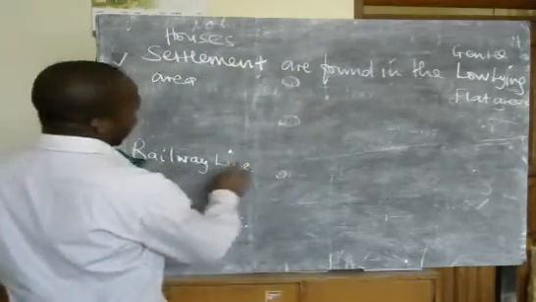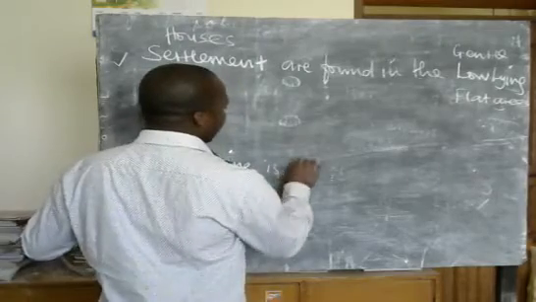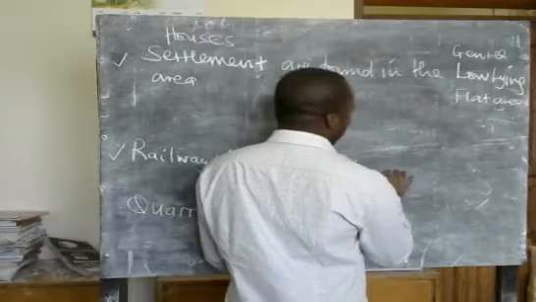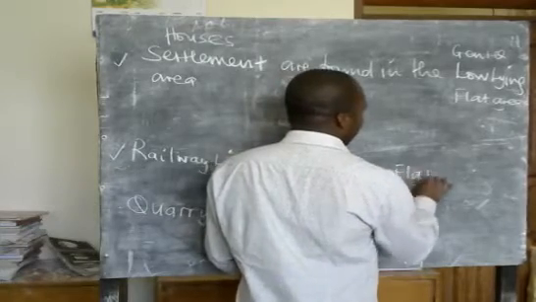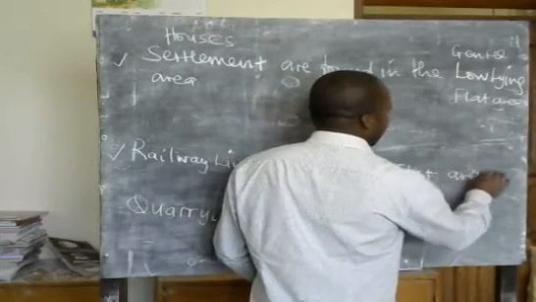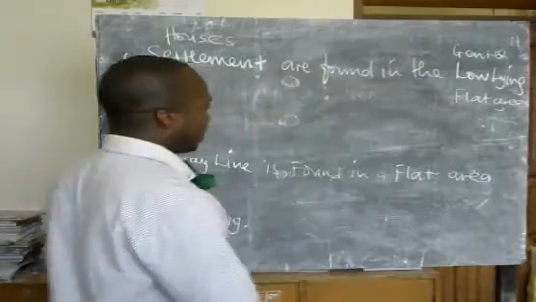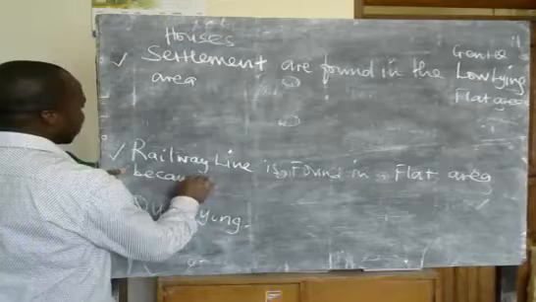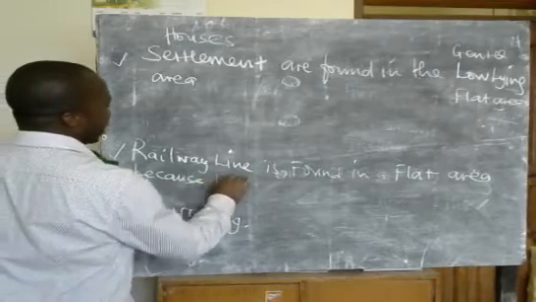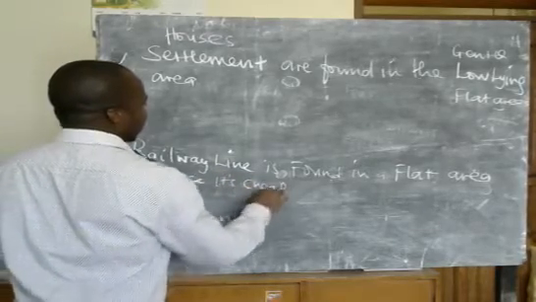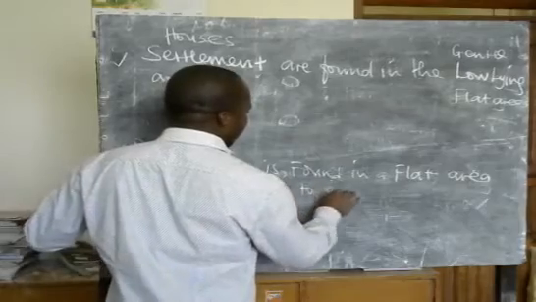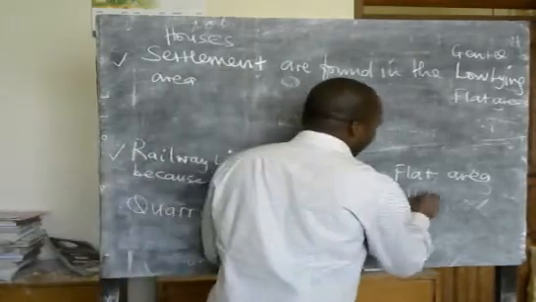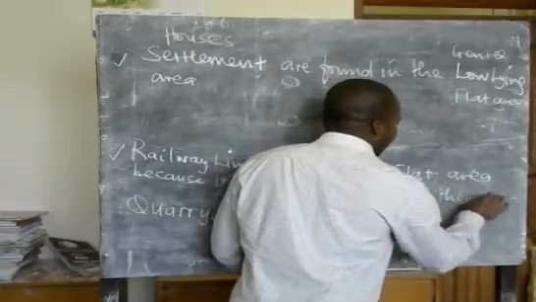The railway line is also found in a flat area because it's cheap to construct it there.